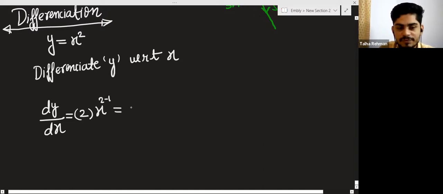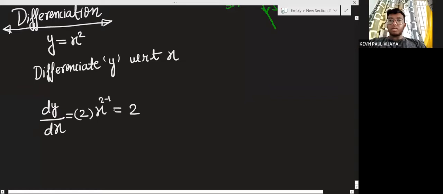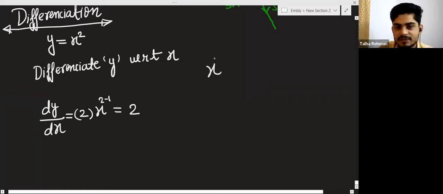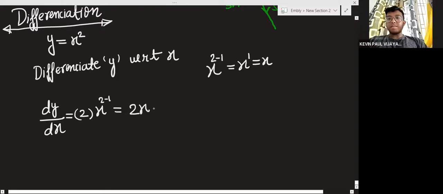This gives x to the power 1, and x to the power 1 is just x.